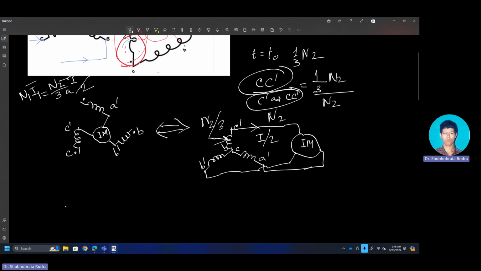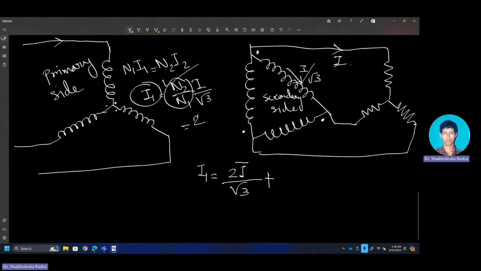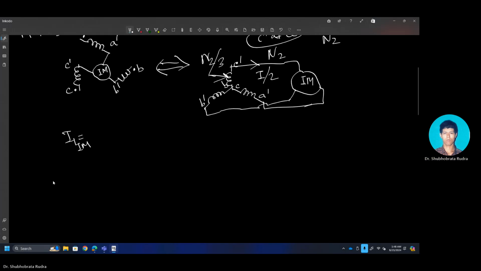You have I1 is equal to, or we can write I1, that part I could write I1R. This I1R is due to the resistive load and I1IM is the current due to my induction motor. So this becomes what?